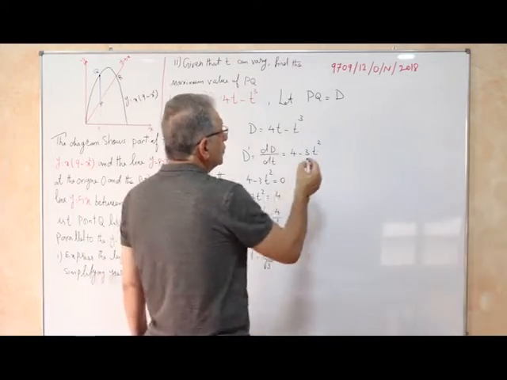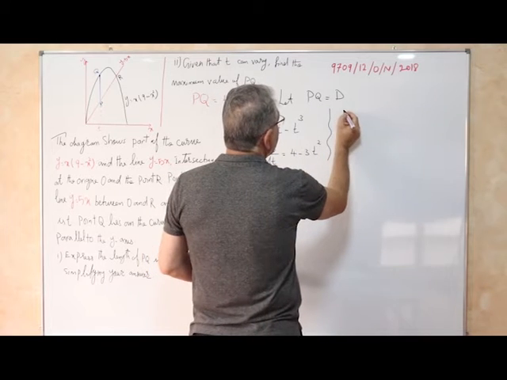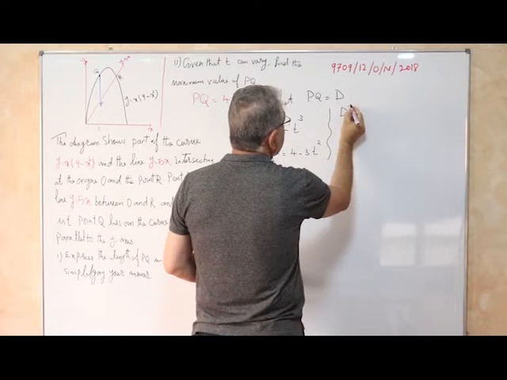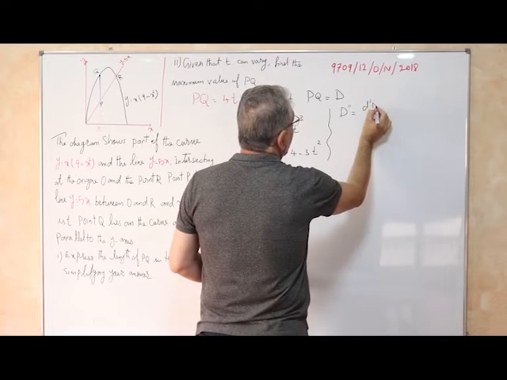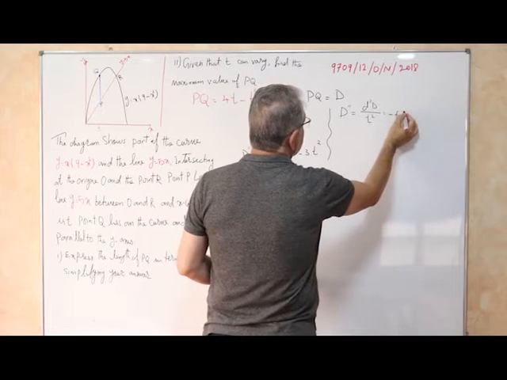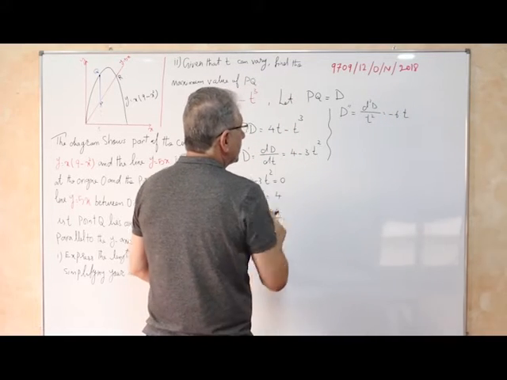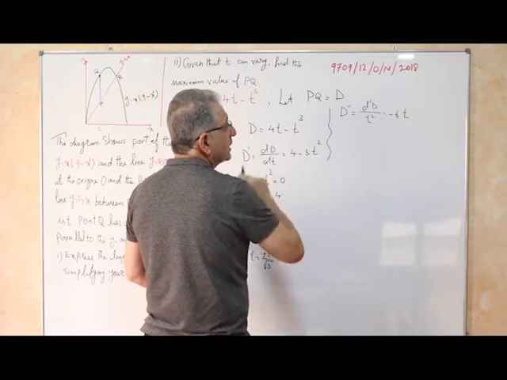I will check that for you to make sure you are getting a maximum value. The second derivative is equal to minus 6t, because the derivative of the constant is 0, and the 2 comes down to give minus 6t.